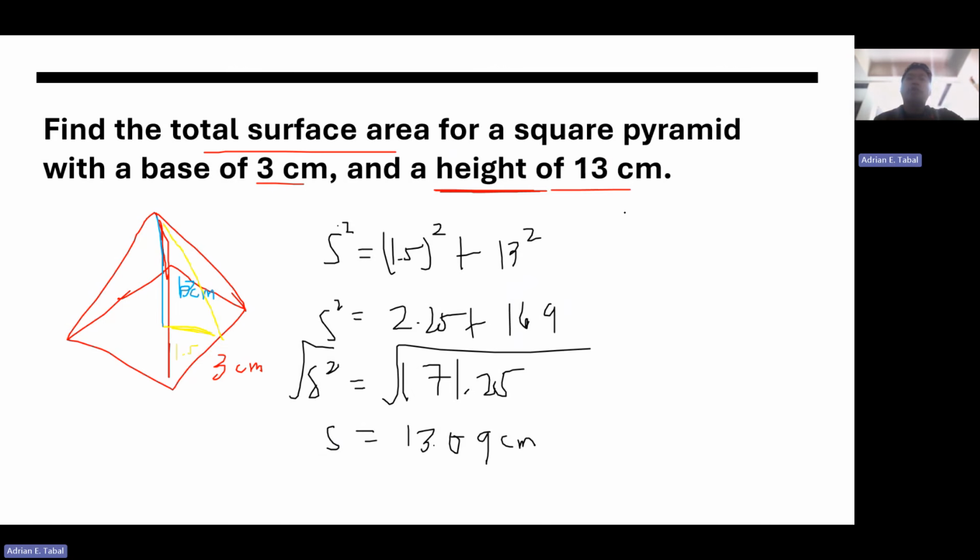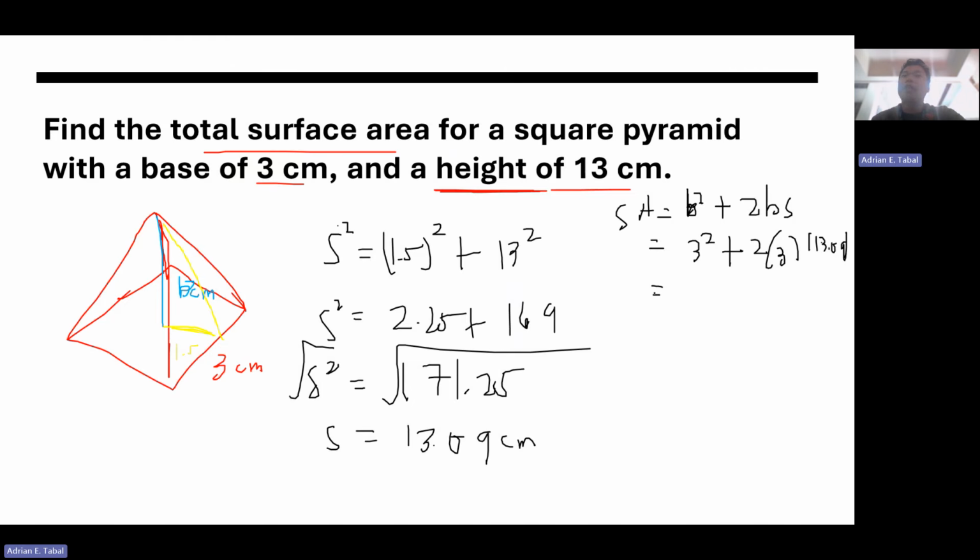So we can use the formula in finding the surface area, which is b squared plus 2bs. Our b squared is 3 squared plus 2 times 3 times 13.09.